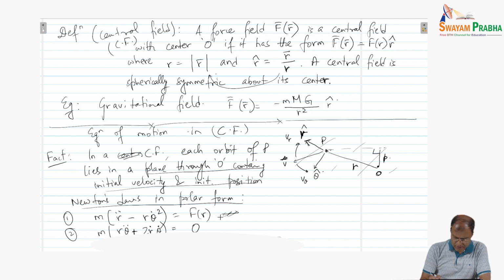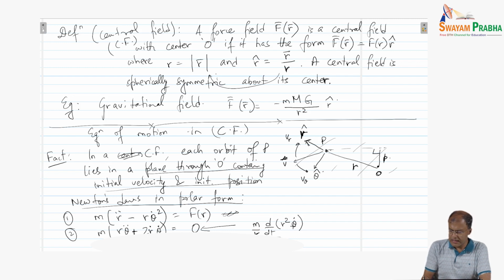And let us look at the second equation in particular. If we combine the two terms on the left hand side of the second equation, we get m times d/dt of r square theta dot, and then there is an r outside.